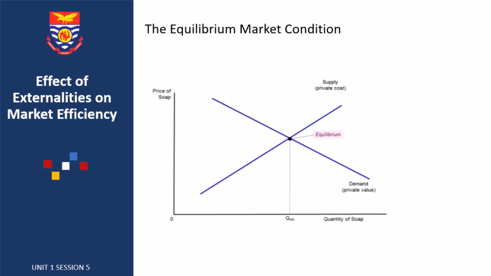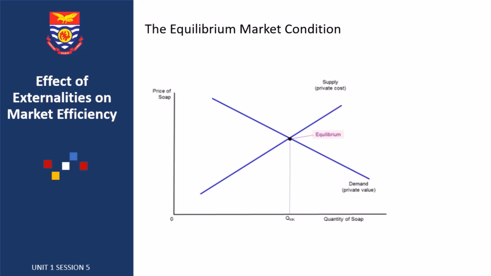Let's look at the effect of externalities on market efficiency by using this equilibrium diagram to try and explain how externalities, both positive and negative, affect an individual and the market. Using this diagram, we could see we have the demand curve here and also the supply curve as well.